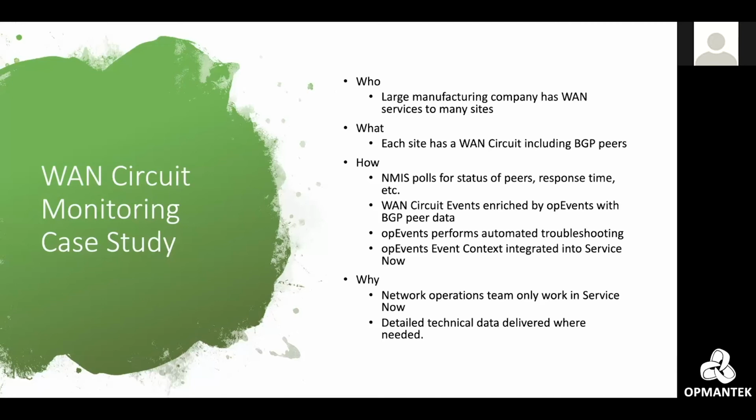So OP Events does that automated troubleshooting, and all of that data is now in the event context. When you're looking at an event in OP Events, we call that page the event context page. It's all of the context related to that event. It's a really simple English wording, event context, but all context related to that event is in one view. I'm going to repeat that because it's really important. All context related to that event is in a single view.